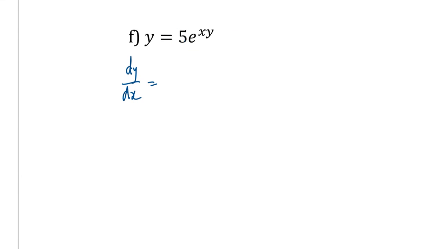So this is just 5e to the xy. But when I multiply by the derivative of the exponent, that is product rule. So it's x times y. Derivative of x is 1. So 1 times y is y, plus x, the first thing, times the derivative of the second thing, dy by dx.